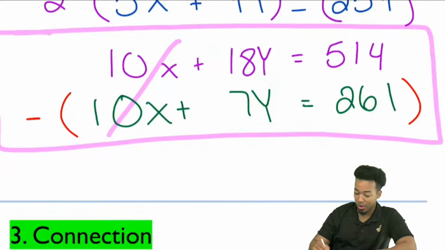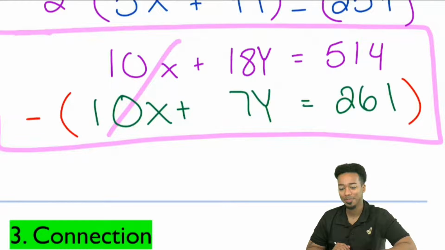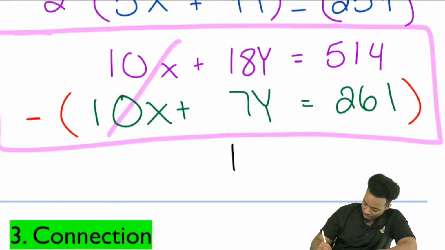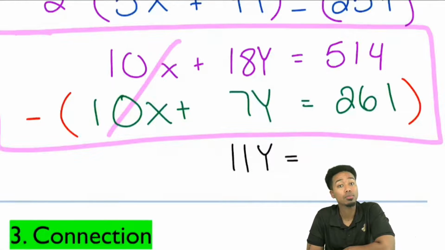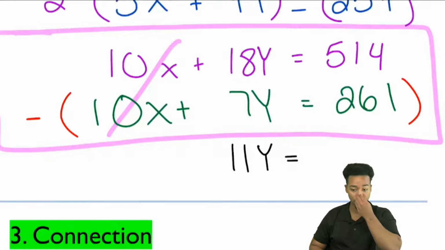All right, everybody. What's 18y minus 7y? That's going to be 11y. Thank you. And then what's 514 minus 261? Some of us are throwing out 253.